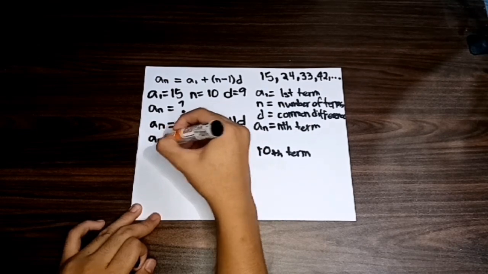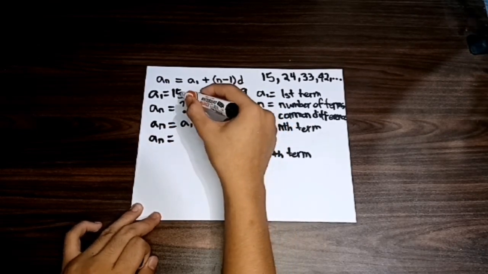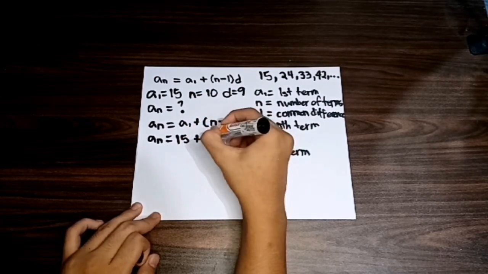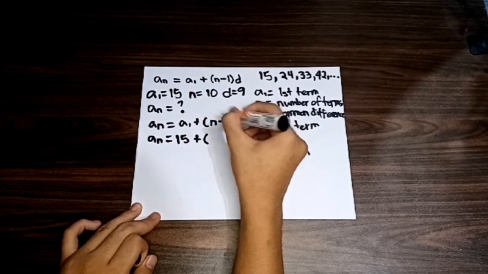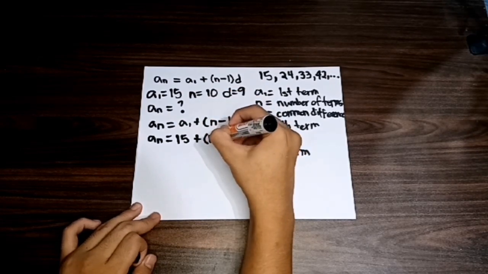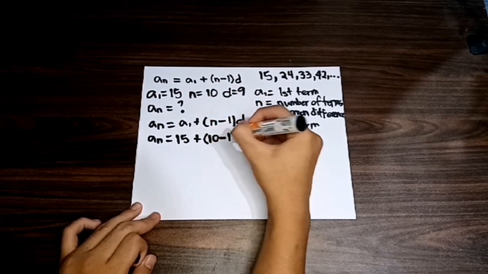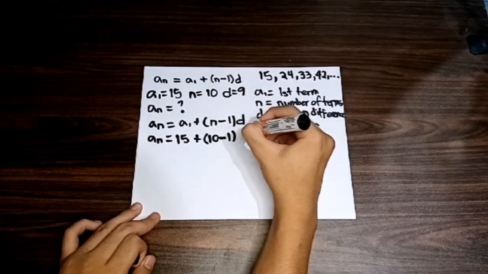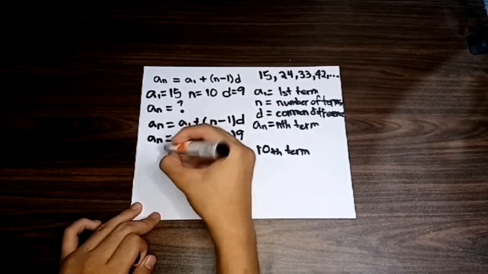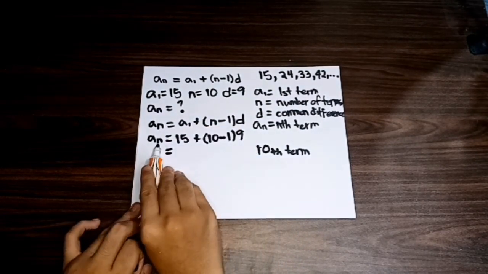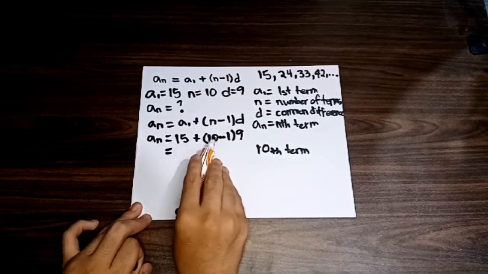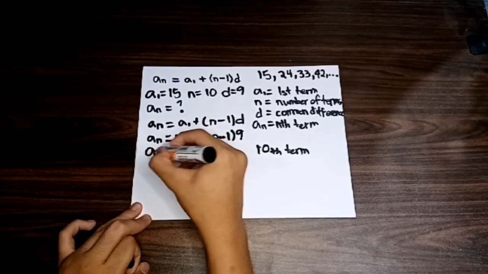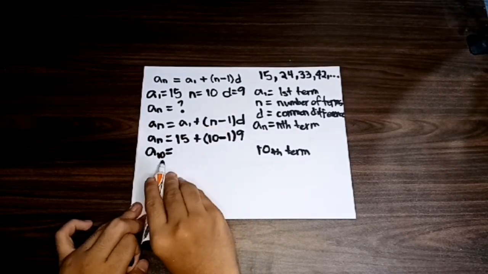So put first the nth term, then a sub 1, which is 15, plus, then the number of terms, which is 10, minus 1, then close the parenthesis, and then the common difference, which is 9. Since n is equivalent to 10, we change it into a sub 10.